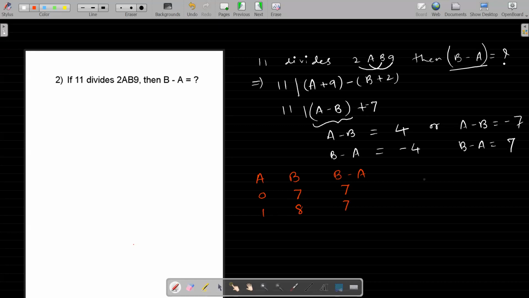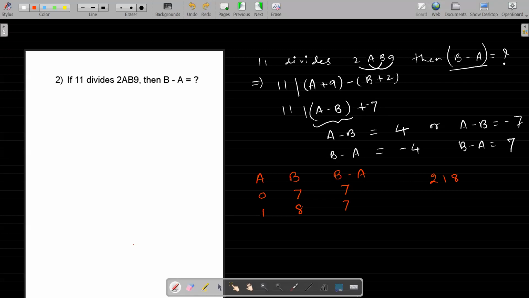So now I leave it to you. You check whether this is divisible by 11. Is it divisible by 11? Yes, it is.